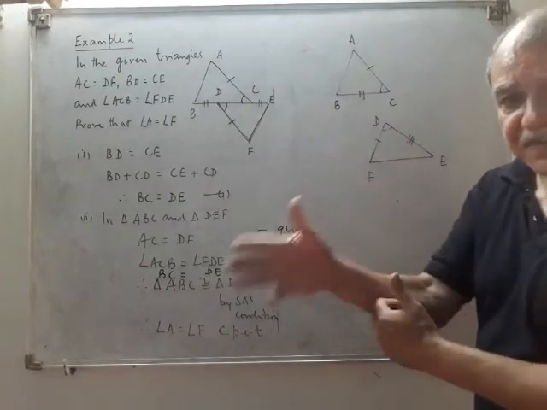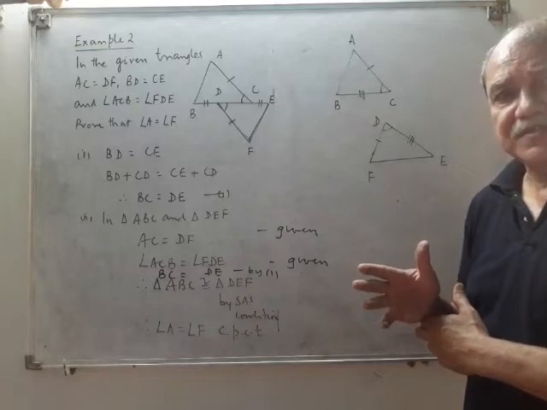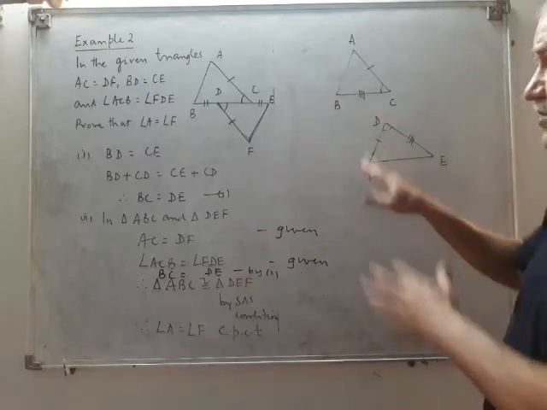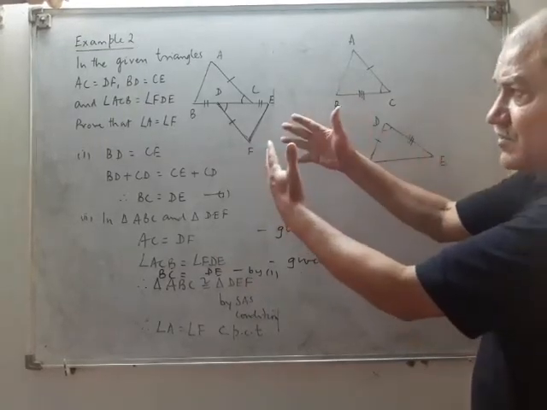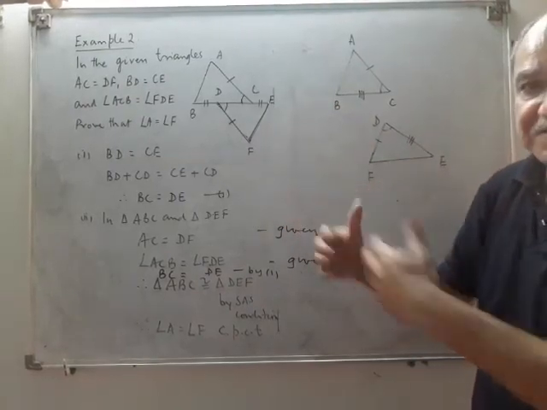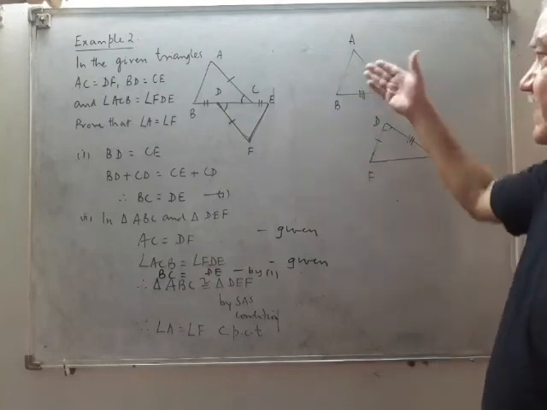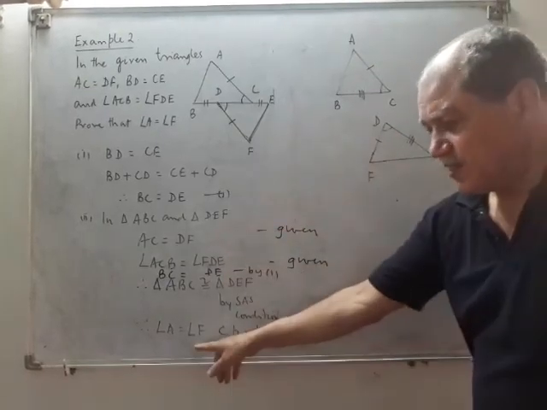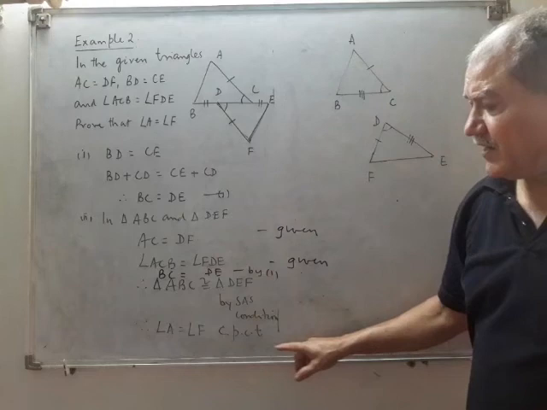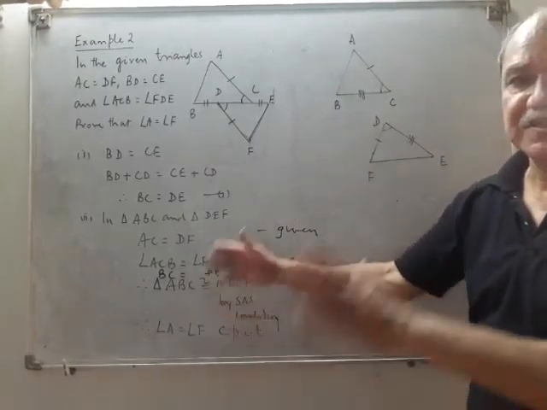First of all, identify the triangles to be proved congruent. Set them out. If need be, separate them. If the figure is complex, separate them. You are free to do that. And then apply the conditions and establish the triangles to be congruent. And then use CPCT for further calculations.